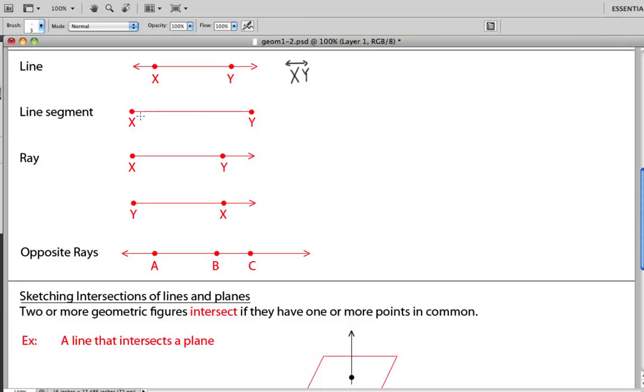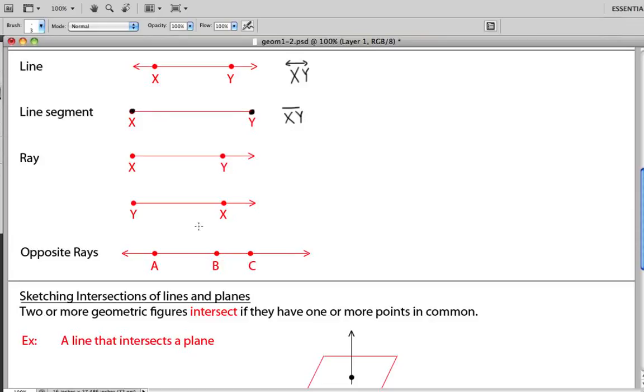For a line segment, the difference is it does not go on forever. Line segments have endpoints, which means they stop, and they also have a length to them. The way that we would symbolize a line segment is with just a bar above it. So this would be called line XY. This would be called line segment XY.